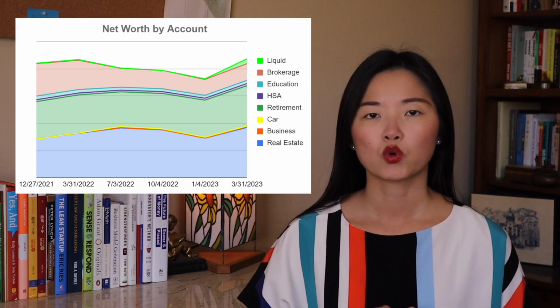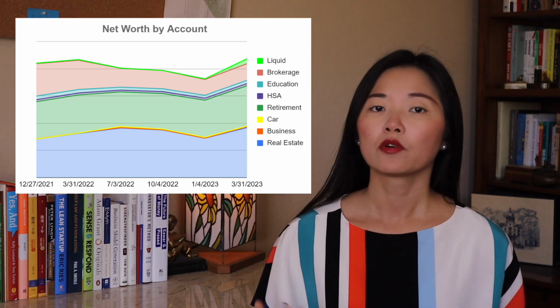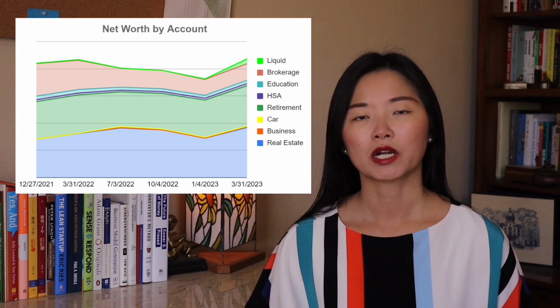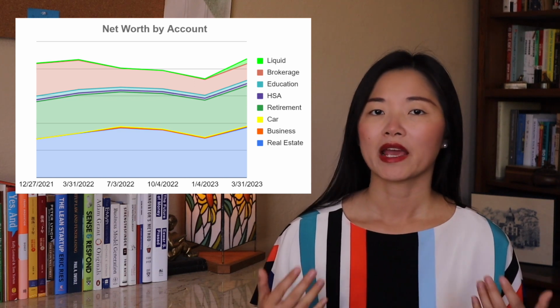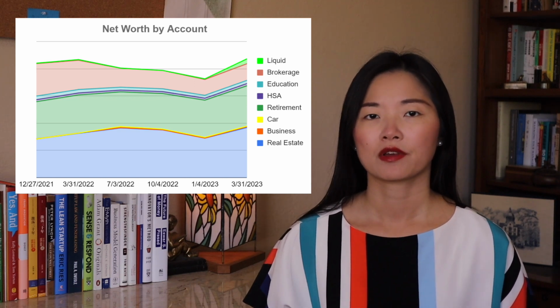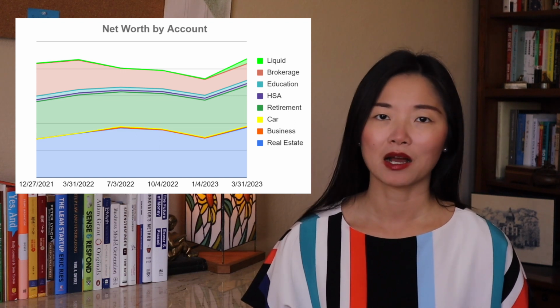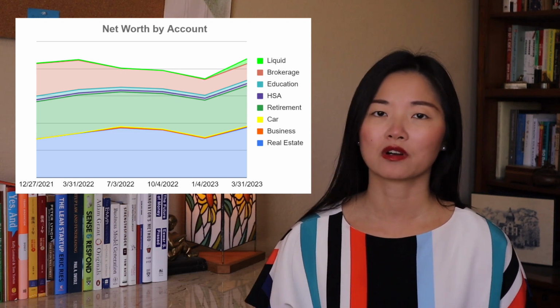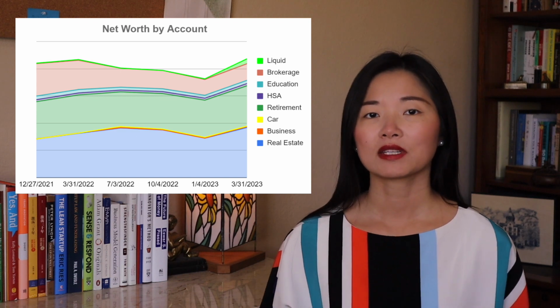At the beginning of 2023, however, both real estate and the stock market were down, so we had a visible dip in our net worth. Luckily, it picked back up by the end of first quarter of 2023. This gave us some breathing room and also warmed us up for what might lie ahead.